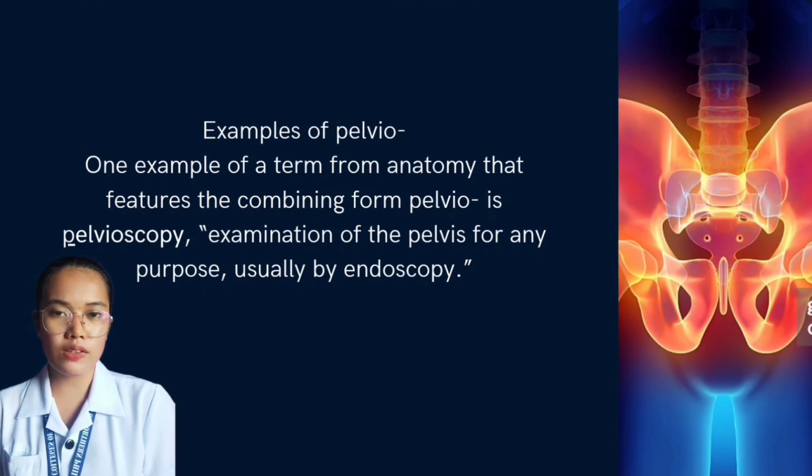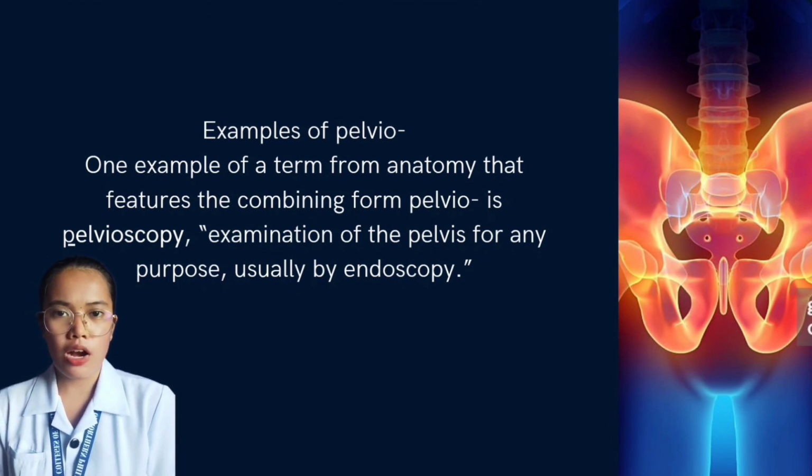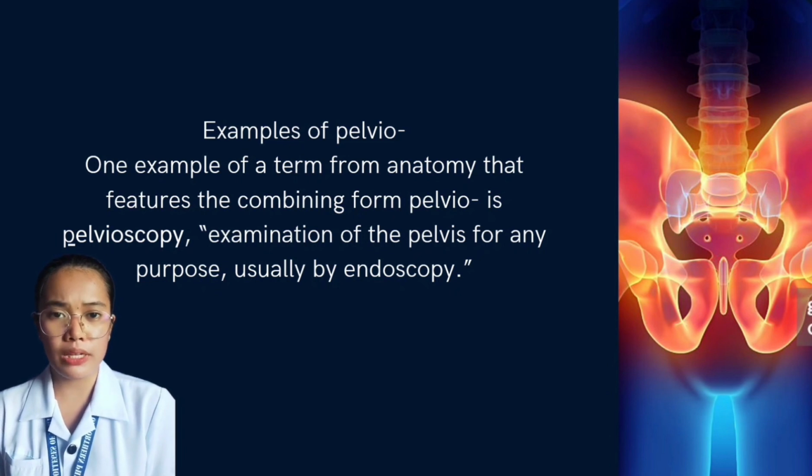There are several examples of pelvo or pelvi or pelvio. One example of a term from anatomy that features the combining form pelvio is pelvioscopy. So pelvio is the pelvis, while the scopy from our prelims lesson, it is the direct visualization. So all in all, pelvioscopy is the examination of the pelvis for any purpose, usually by endoscopy.